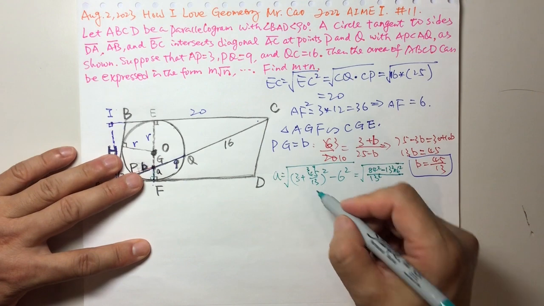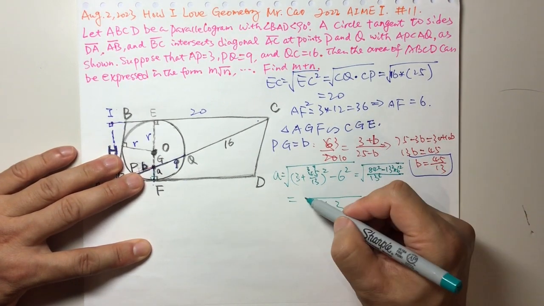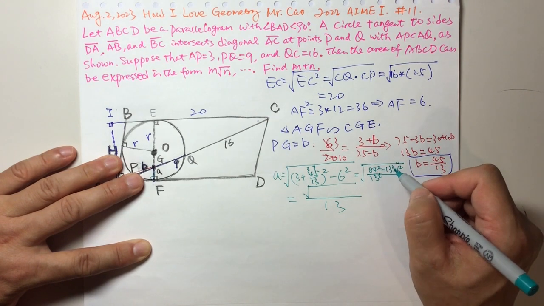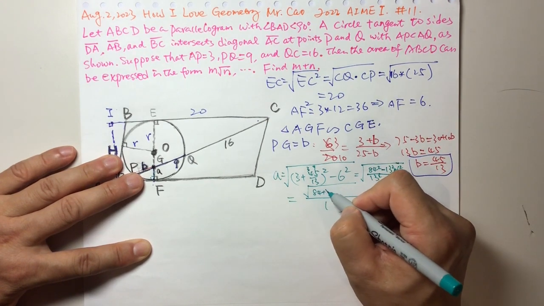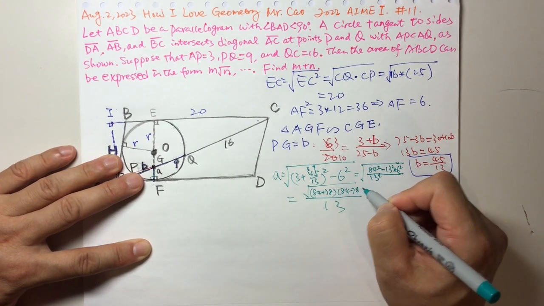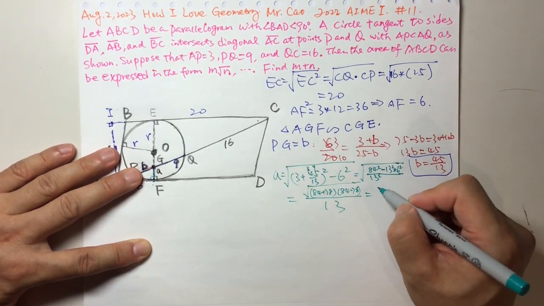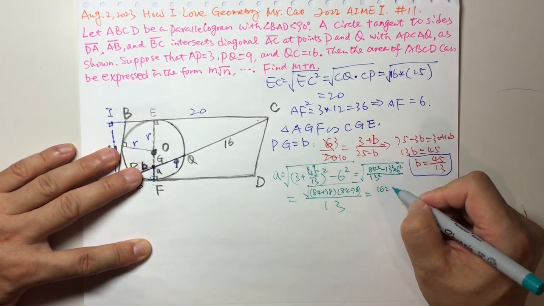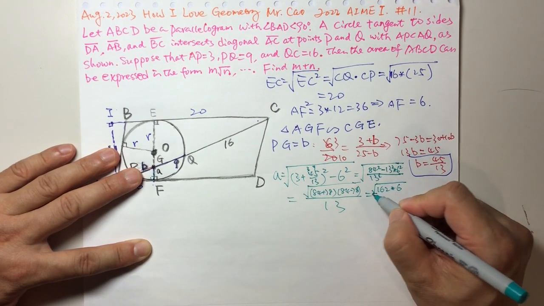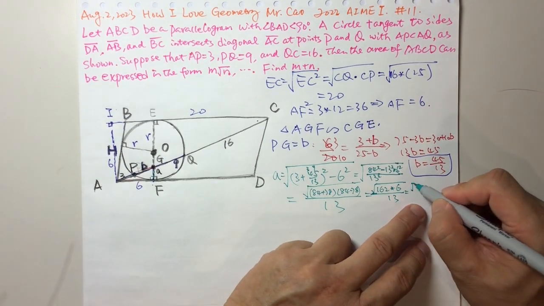So we will get 13 outside, and this is 84 squared minus 78 squared. So 84 plus 78 times 84 minus 78. How much for this one? 1562 times, here is 6 square root of this one over 13, and we know we can use this one.